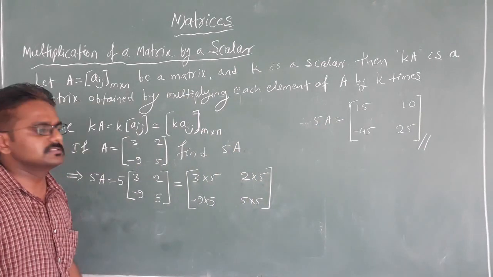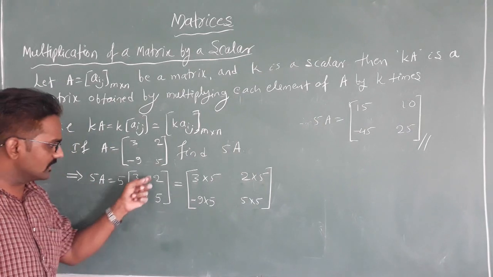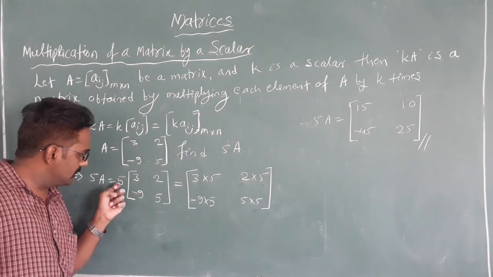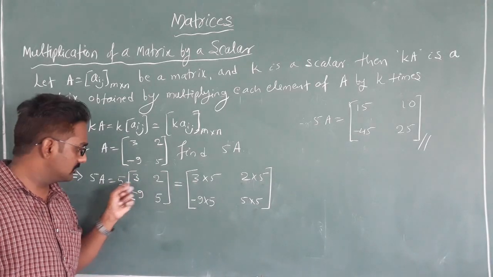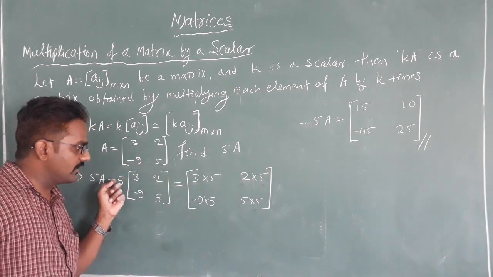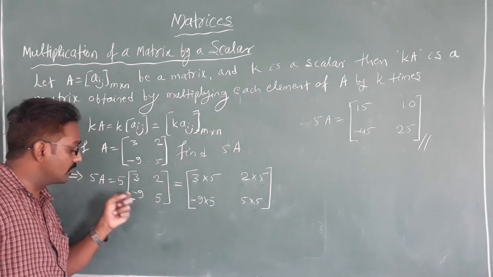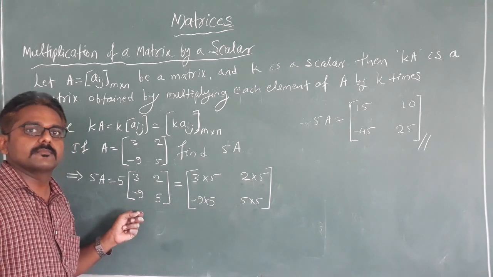Just observe the things, students, here. 5 into A, 5 into the given matrix. Then we will multiply each element of the matrix by K times. We will do it in this way.